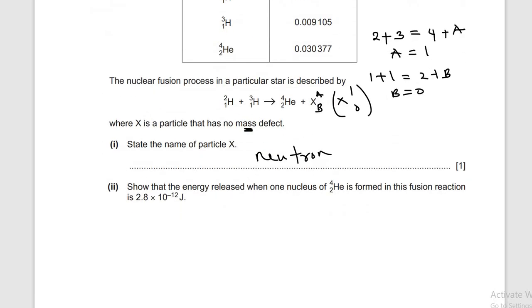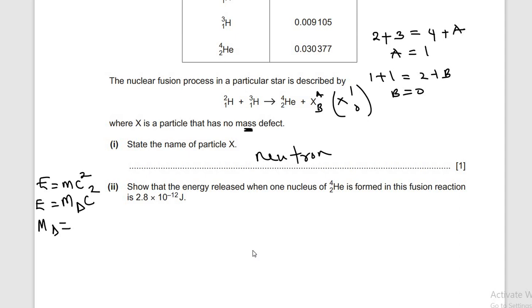The next one, if you are given the equation and you have to show the energy release. What's energy? mc squared. So energy is mc squared. The m is the mass defect. And what is mass defect?